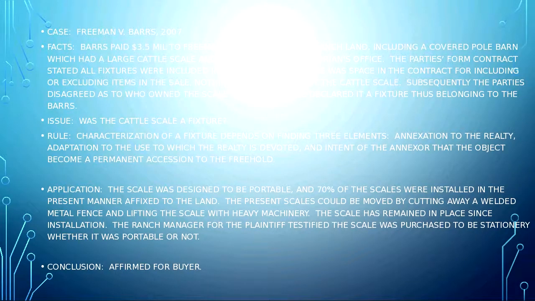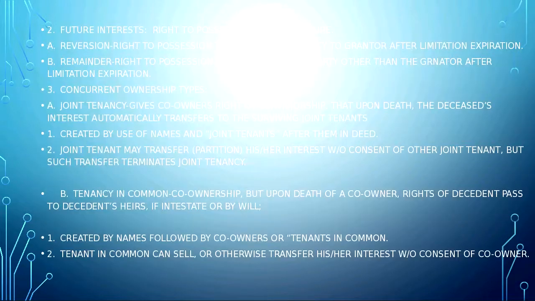The scale has remained in place since it was originally installed. Now, the ranch manager for the plaintiff testified the scale was purchased to be stationary, whether it was portable or not. So in this case, the court found, looks like the scale is definitely affixed to the property, and the intent of the seller was that it would remain affixed to the property, so it becomes real property, and so the scale goes with the sale of the real estate. Affirmed for the buyer.